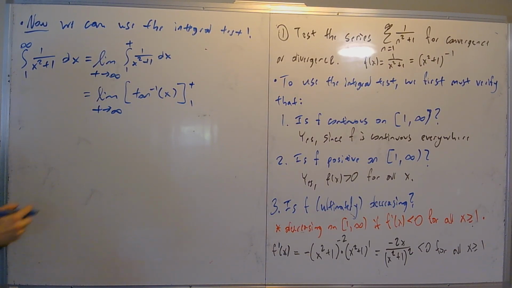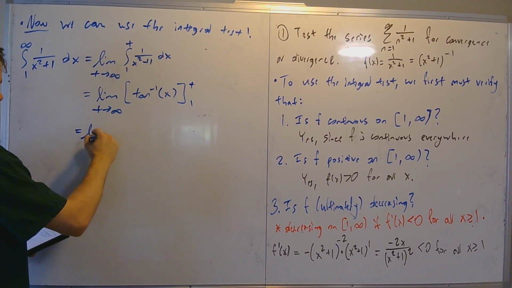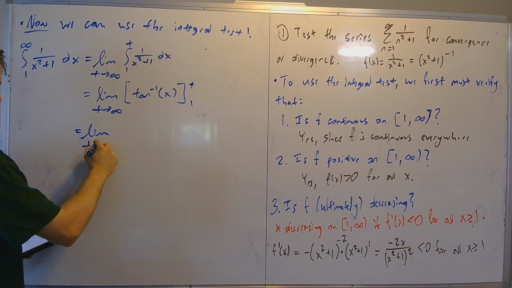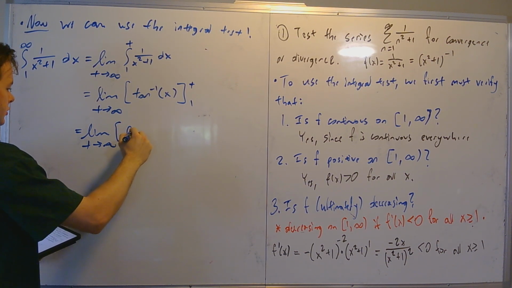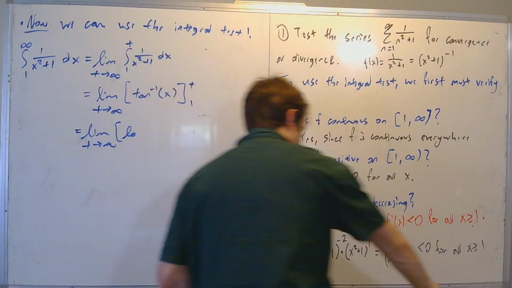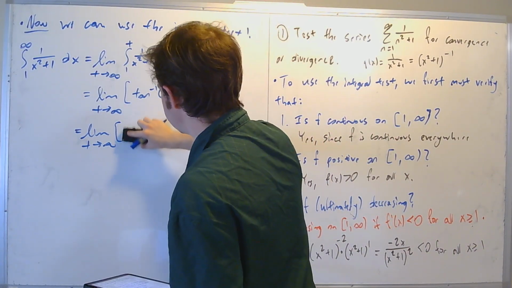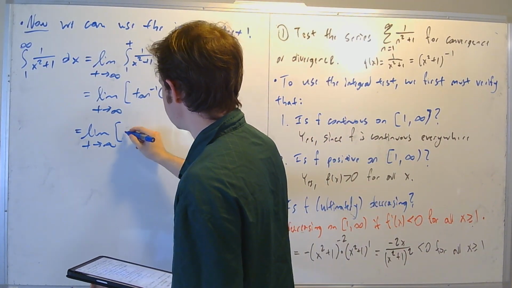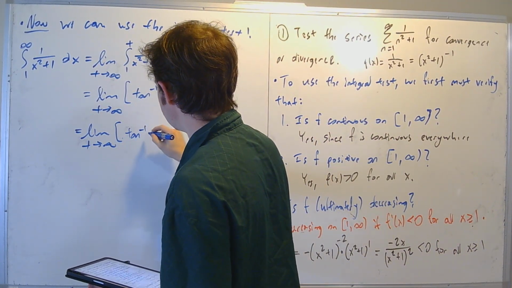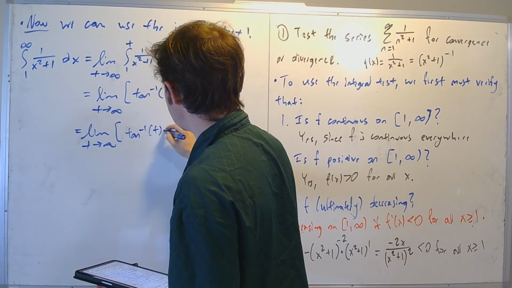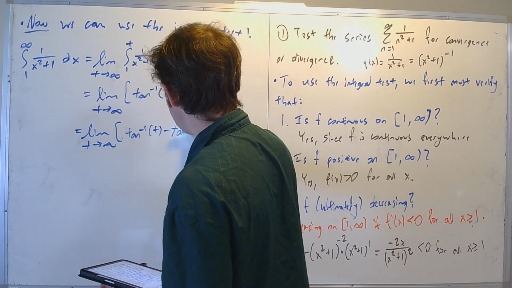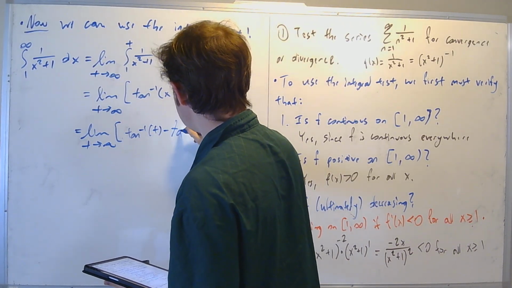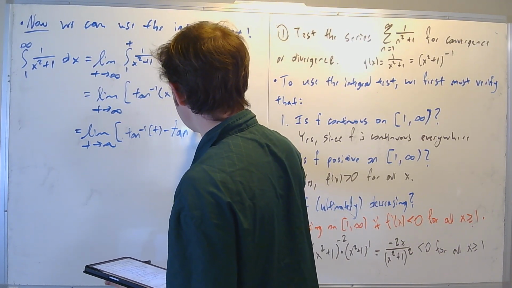Okay, so this is the limit as t goes to infinity of tangent inverse of t minus tangent inverse of 1.